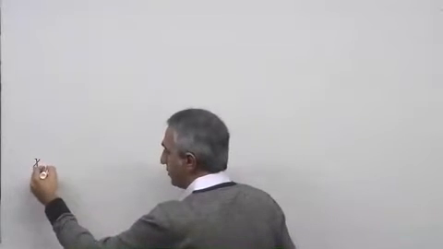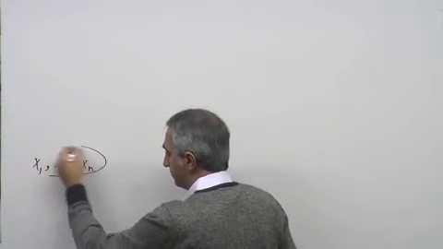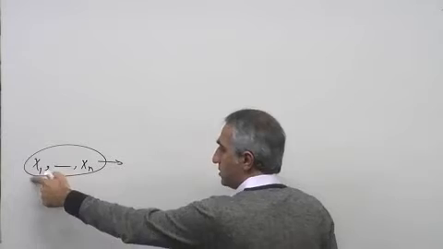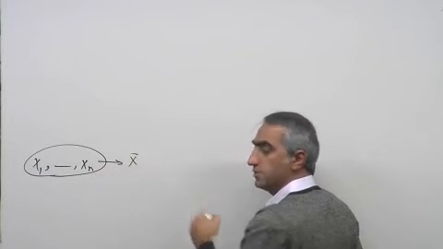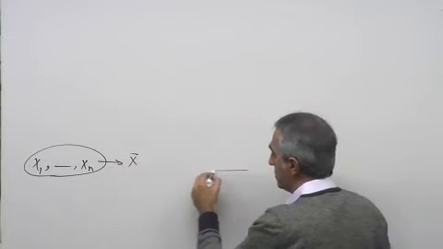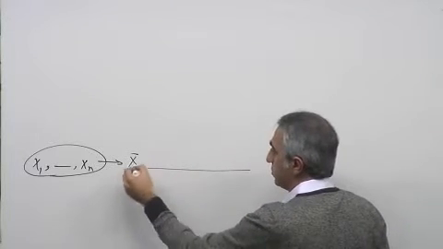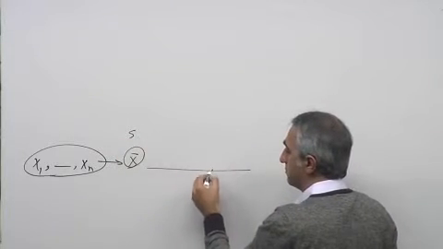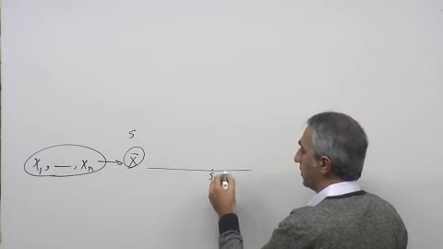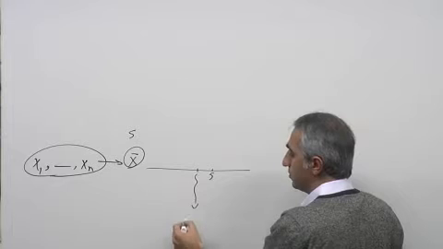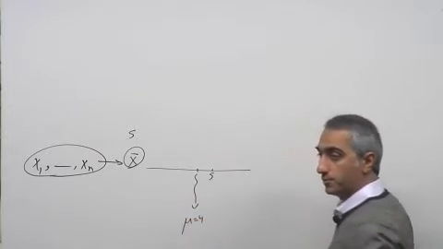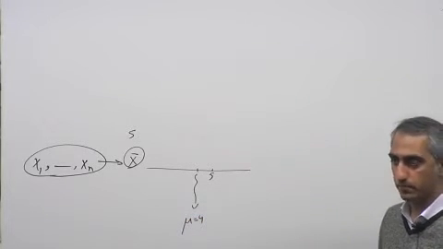So you have your random sample. These are a bunch of numbers. You calculate X bar, it gives you one number. Okay? So let's say it gives you 5. And let's say your true mu is 4. Okay?